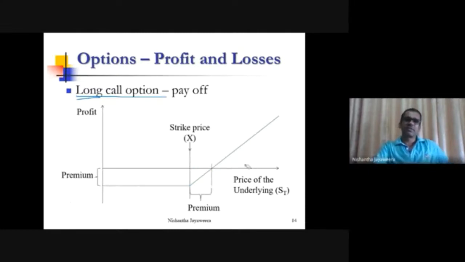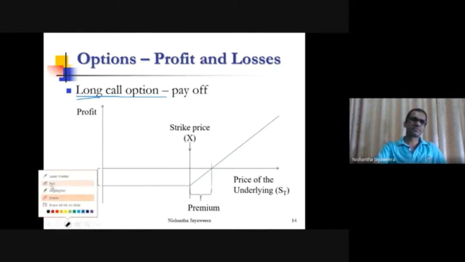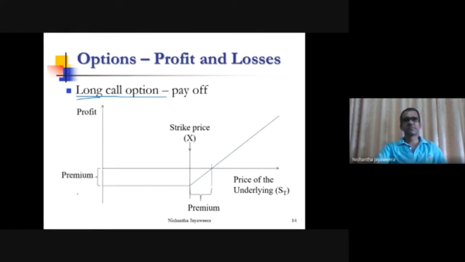What is the maximum loss for a call option buyer?